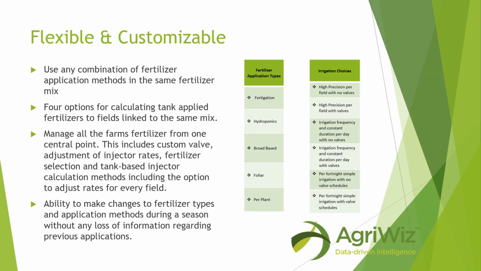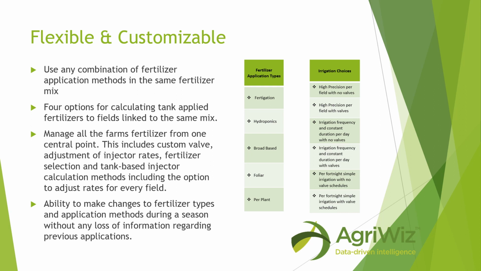The AgriWiz program is flexible and customizable. You can use any combination of fertilizer application methods in the same fertilizer mix. Your options are shown in the first column on the right. You have 4 different options for calculating tank-applied fertilizers to fields linked to the same mix. You can manage all the farm's fertilizer from one central point.